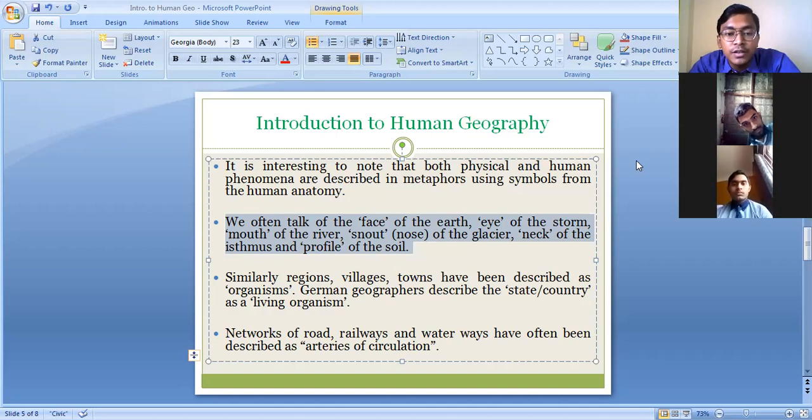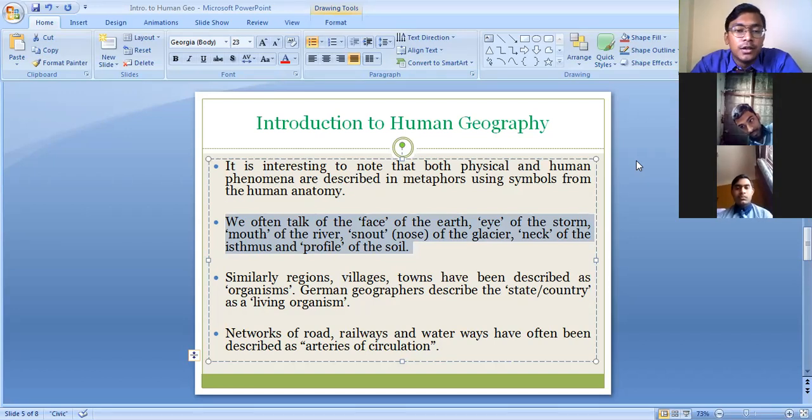The mouth of the river means where the river originates. The profile of the soil means the layers of the soil. So different body parts have been used to explain natural phenomena, which shows that many geographical phenomena can be explained through human aspects.